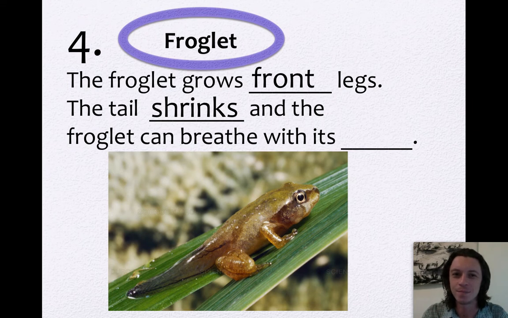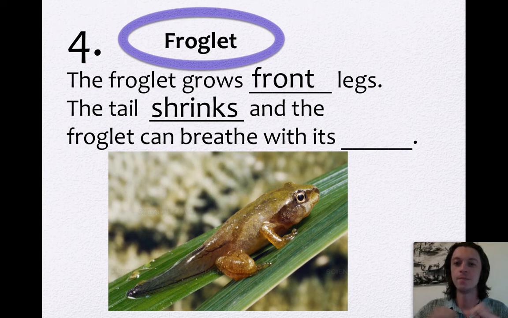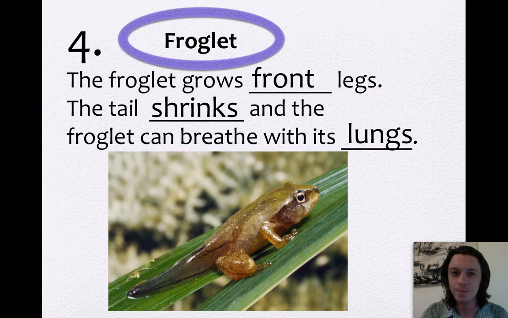Shrinks. And the froglet can breathe with its lungs. So all together, the froglet grows front legs. The tail shrinks. And the froglet can breathe with its lungs.